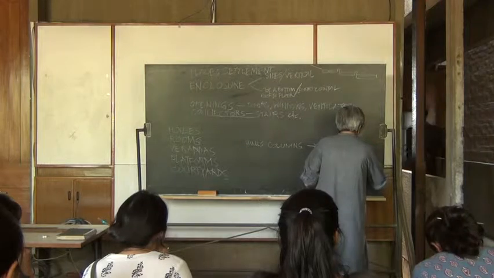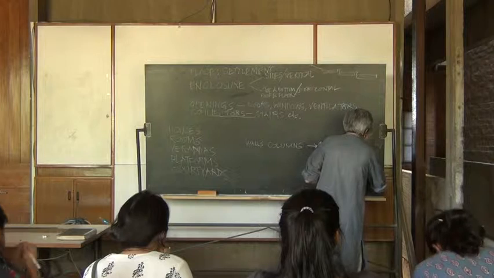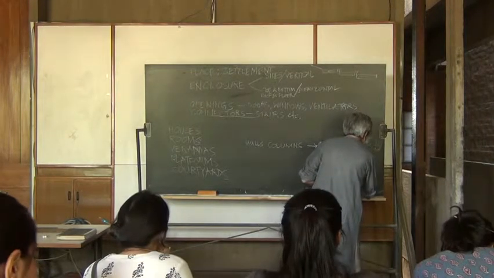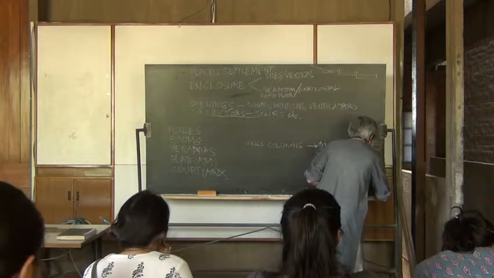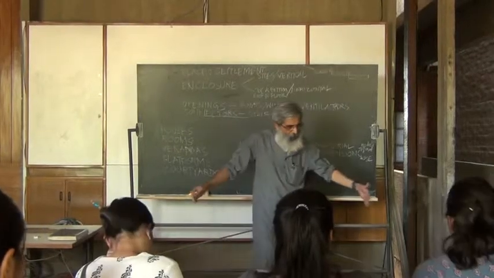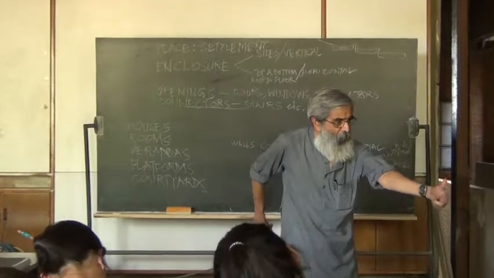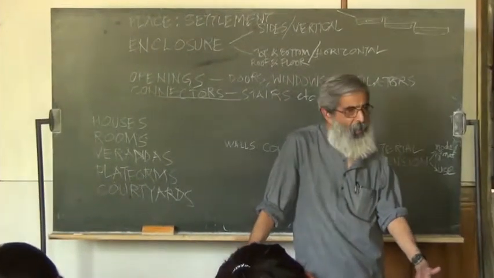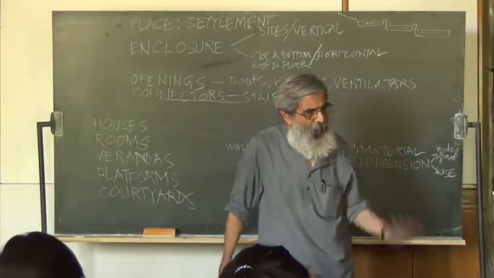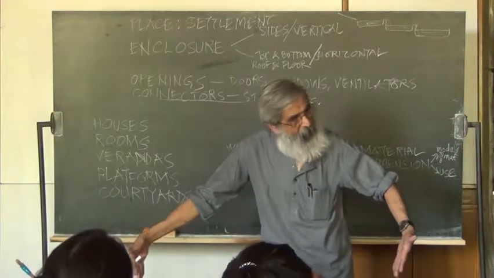So it will be module of material and kind of use. So if I have a bed which is 1.8 meters long, 90 centimeters wide, and I have two beds with 60 centimeters in between, 900, 600, 900, 2400.